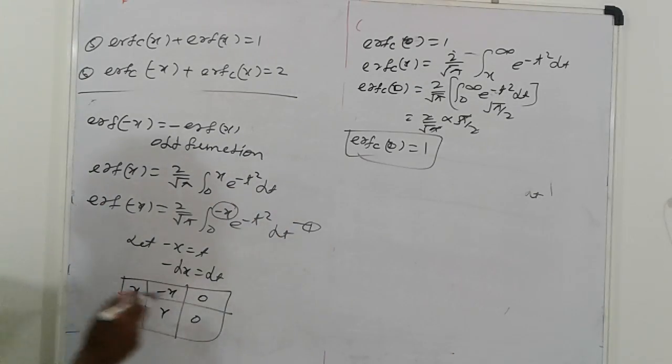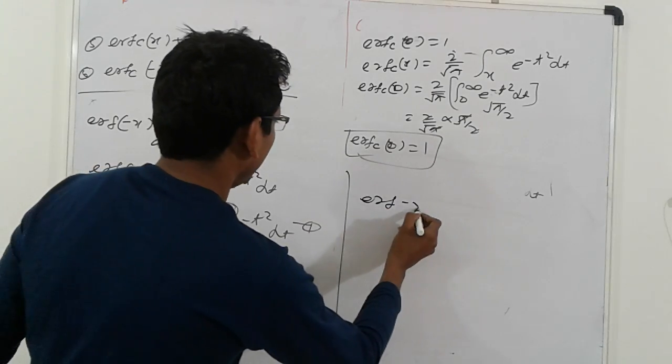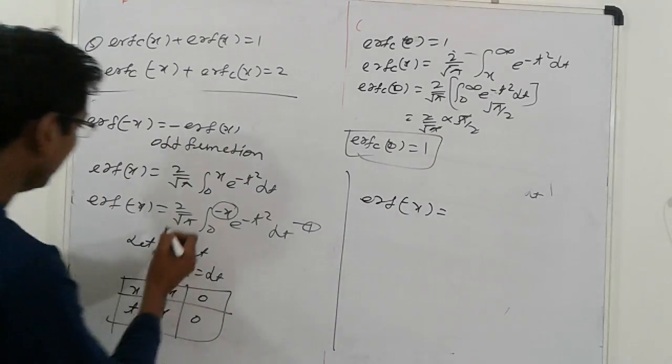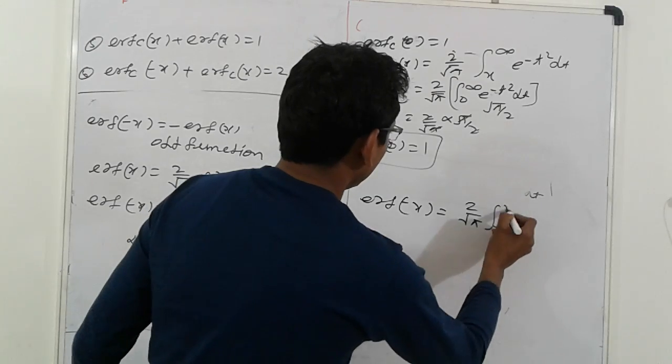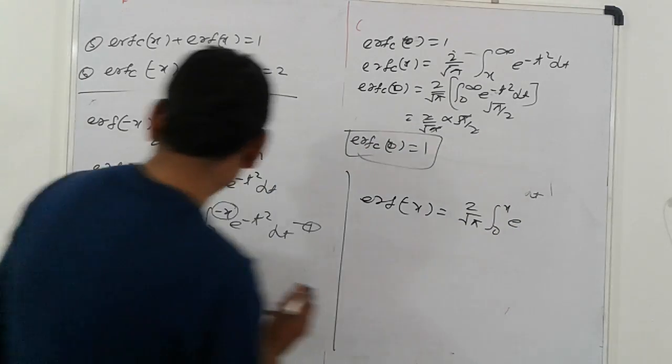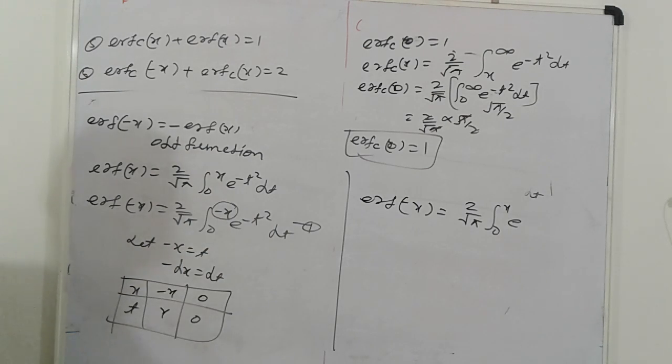So here error of minus x is equal to 2 upon root pi, no problem, 0 to x, e raised to here t. Minus x is replaced.